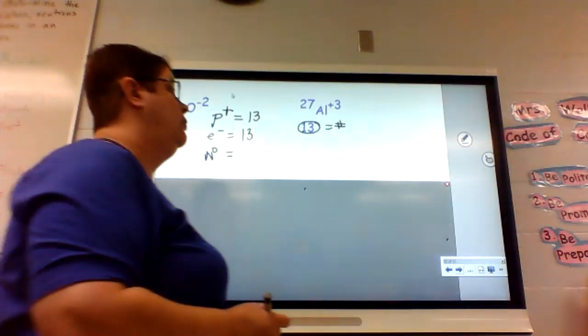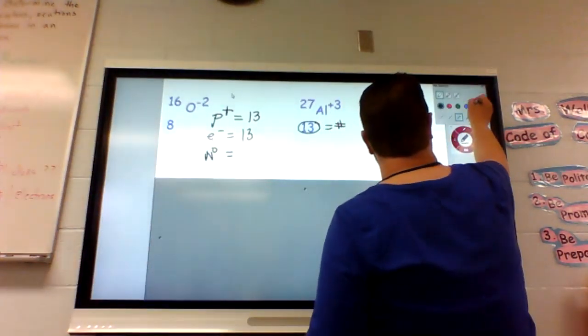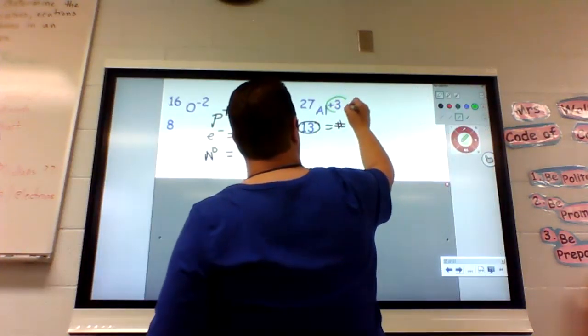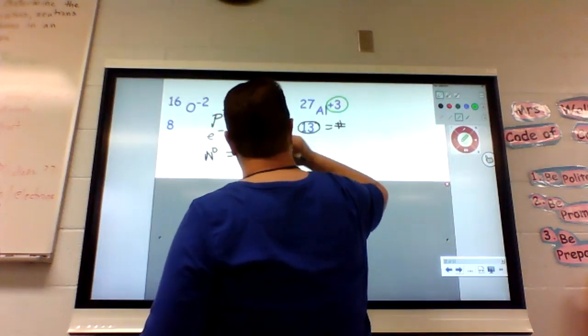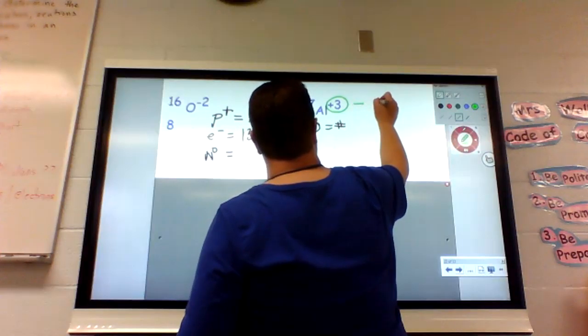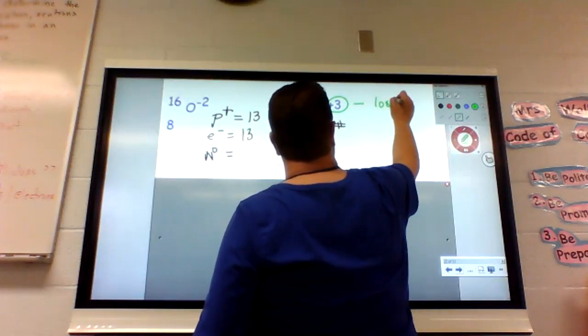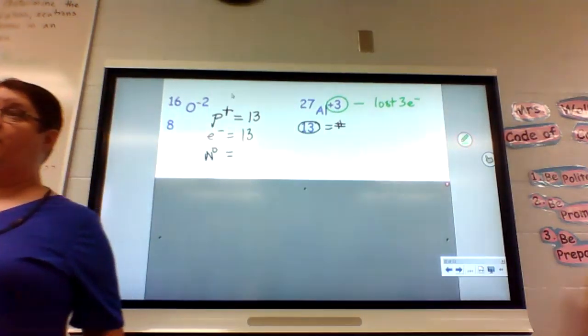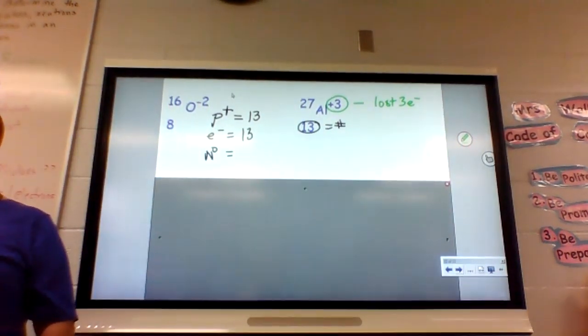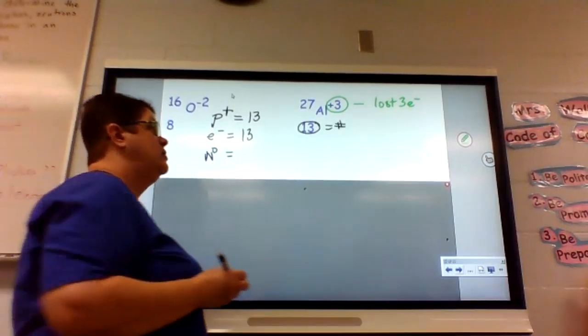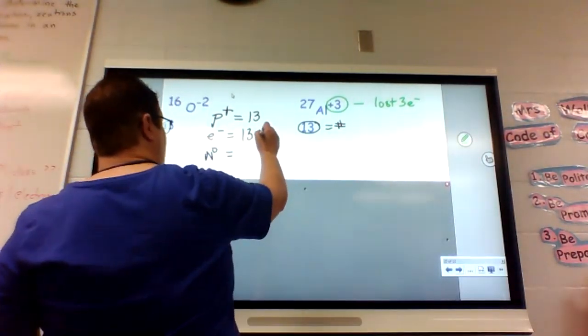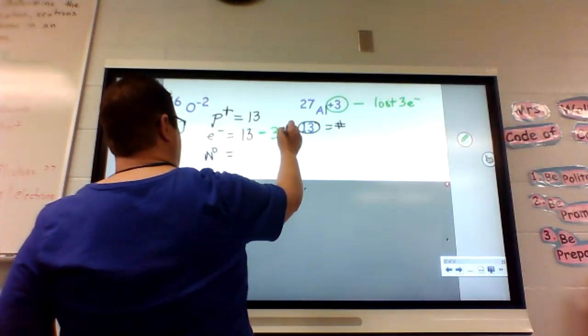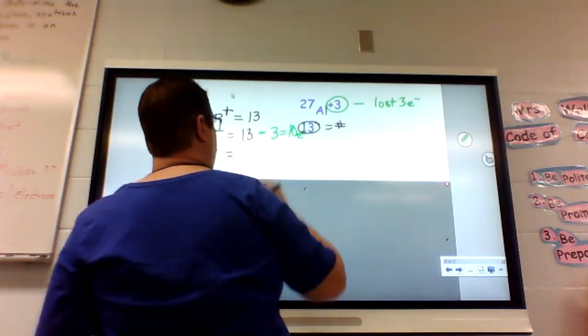Now, if it's an ion, what does this right here mean? You subtract 3. That means you lost 3 electrons. Is everybody with me back there? That the +3 means we lost 3 electrons. So -3 gives me 10 electrons.